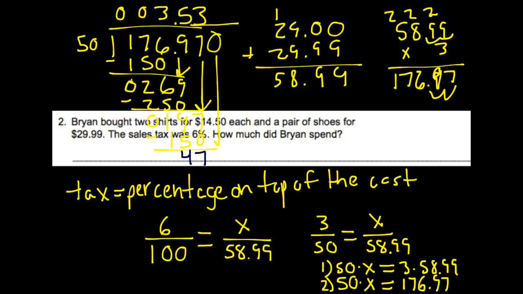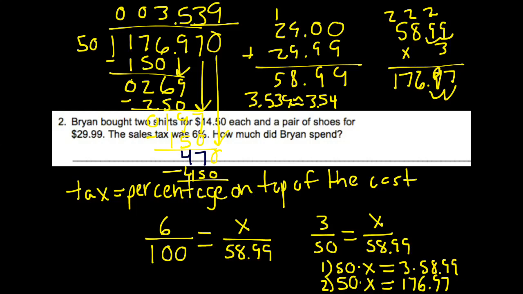If I bring down another 0, I could keep dividing, but I'm just going to keep it at $3.53 for now. I could go maybe to the thousandths place. 50 times 9 is 450. And so I'm going to round 3 and 539 thousandths to about $3.54.